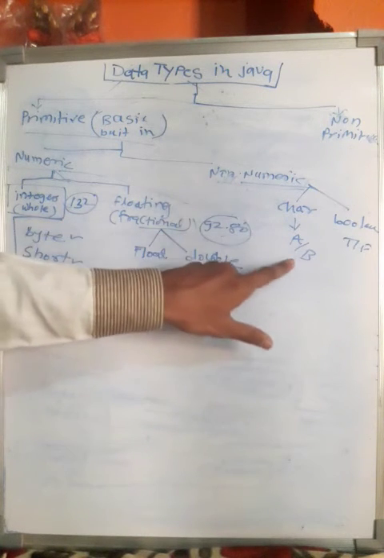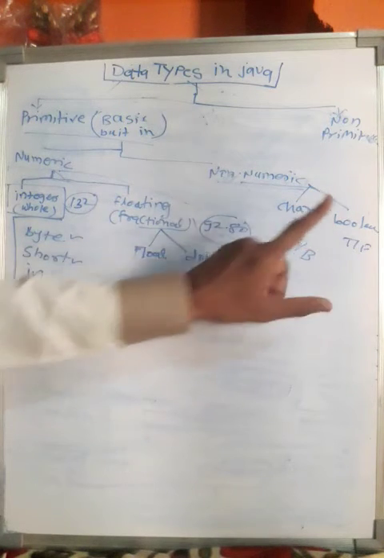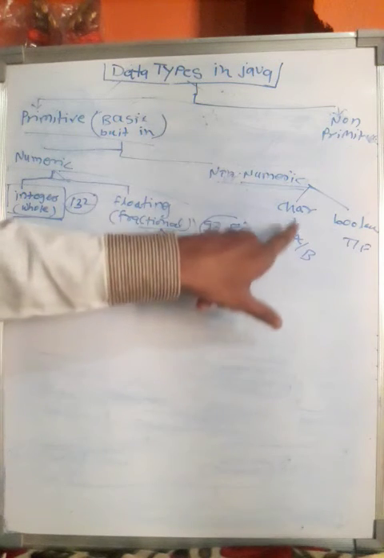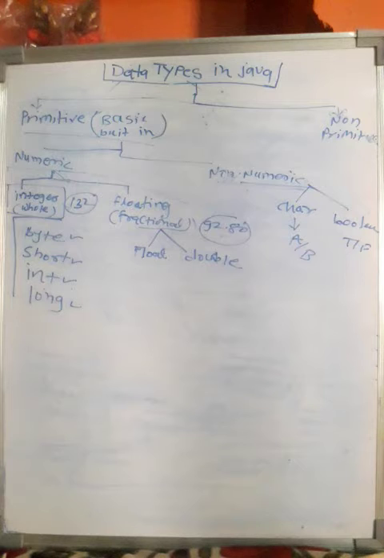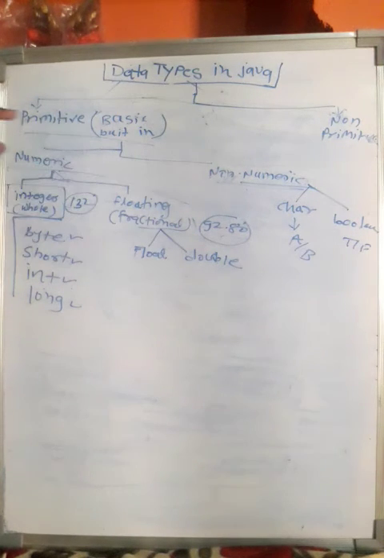Non-numeric is character and boolean. Non-numeric means characters and boolean do not store numeric data types. They store only a character in the char data type, or true or false in the boolean data type. That's why they are non-numeric data types. Numerics and non-numerics are the primitive data types because they are built in, available in Java, or basic data types in Java.